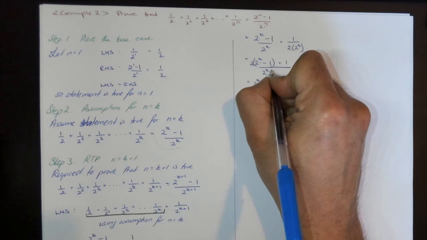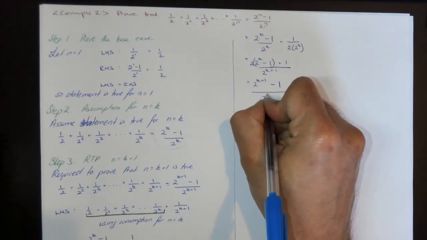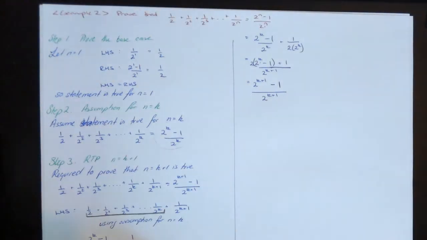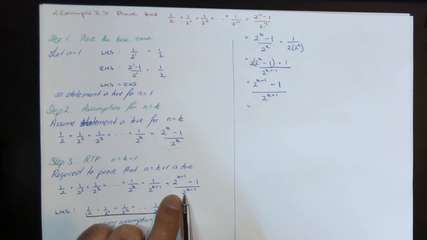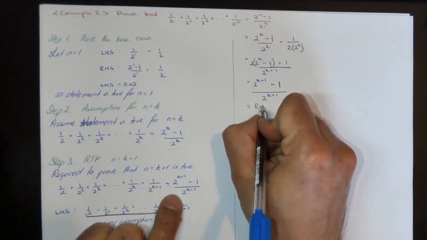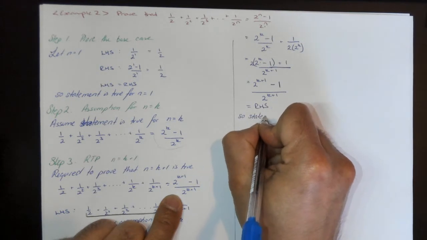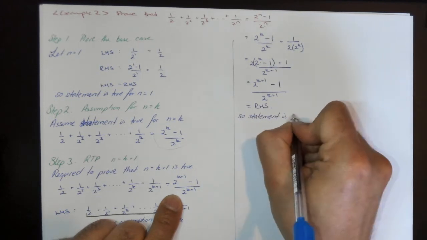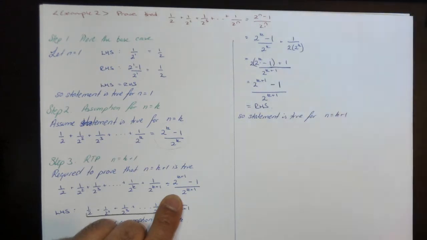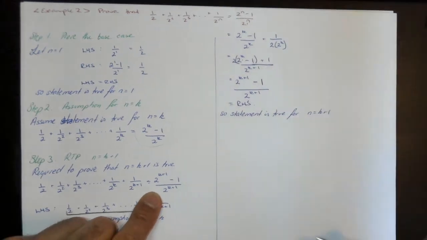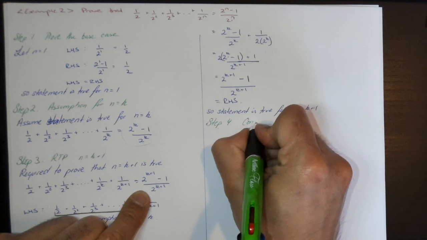So this is 2 to the k plus 1, because I times this by 2. Now that is what I wanted to prove as the right-hand side. So I should write, statement is true for n equals k plus 1. So step 4 is the conclusion.